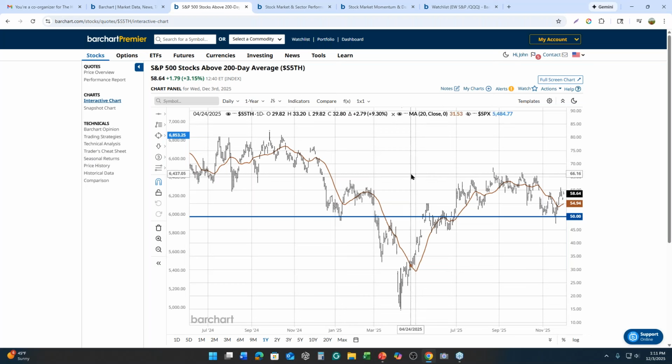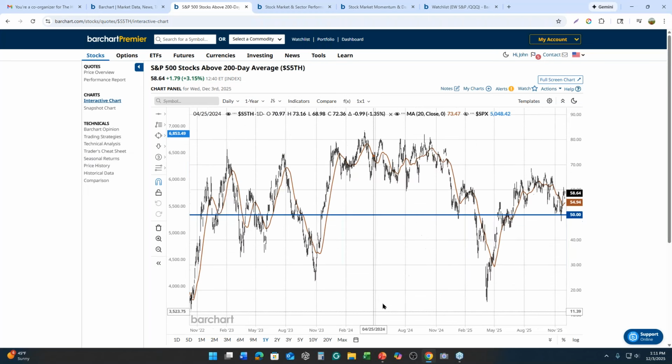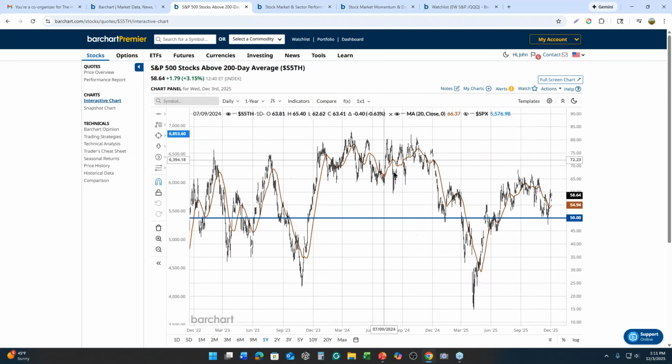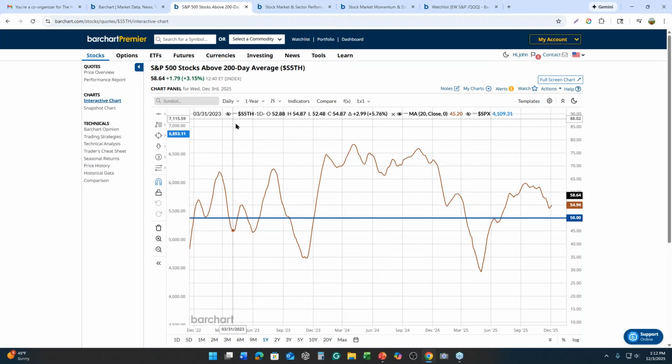We can turn that on, and bingo, now what we see is that randomness, that noise, is smoothed out for us. To eliminate that noise, we can just turn it off up here on this little eyeball, and now what I see is a very clear trend of our 200-day moving average.